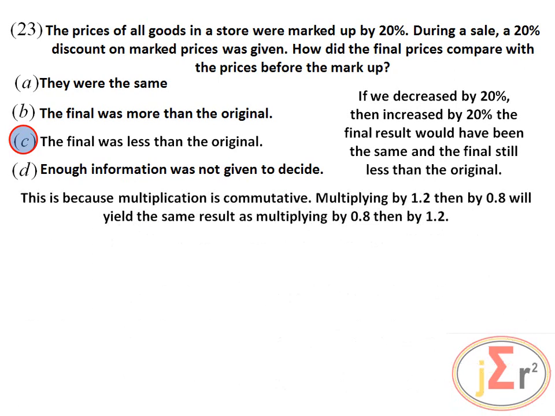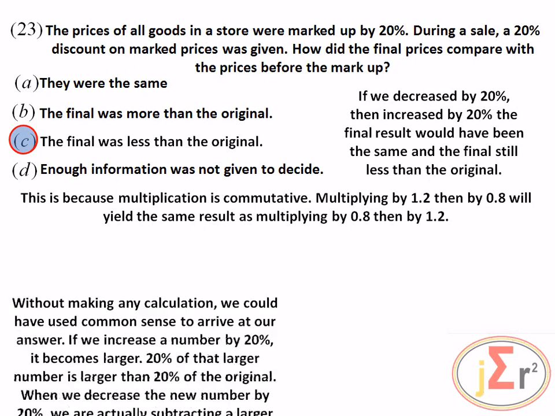Multiplying by 1.2 then by 0.8 will yield the same result as multiplying by 0.8 then by 1.2. It does not matter which one you multiply first, the result is going to be the same. And it's going to be what? The final less than the original.